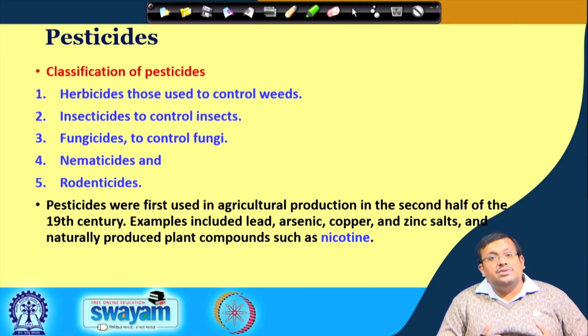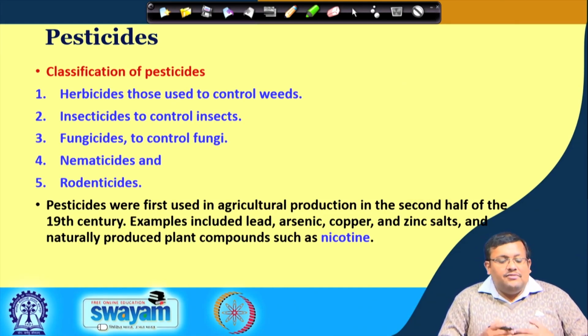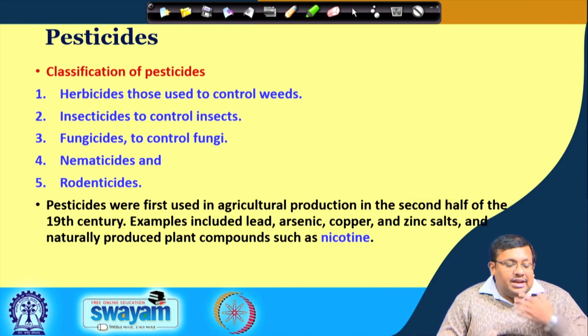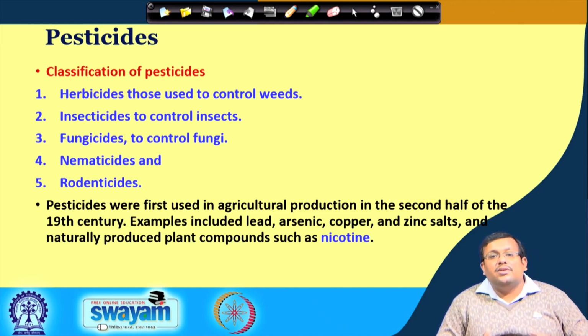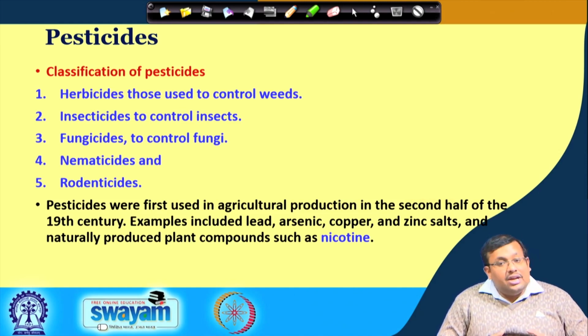Secondly, insecticides which are used for controlling the insects, then fungicides which are required for controlling the fungi and fungal infection, and then nematicides which are required for controlling the nematodes, and rodenticides which are responsible for controlling the rodents. So, all these are important classes of pesticides, and based on their specific target group, they have been classified into different names.